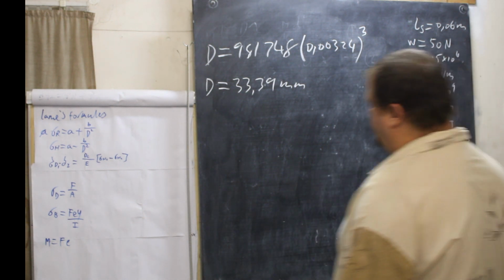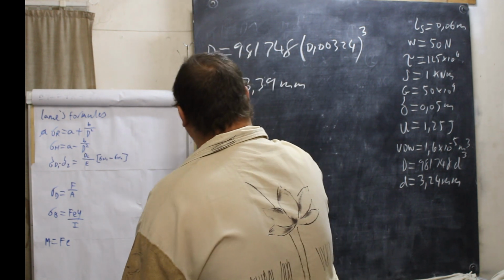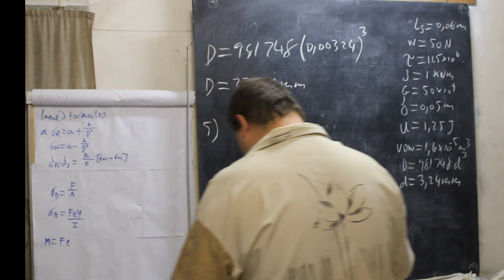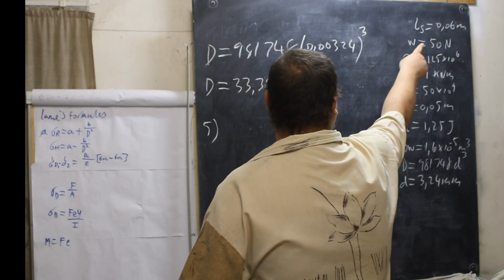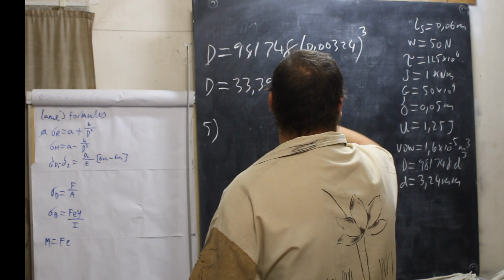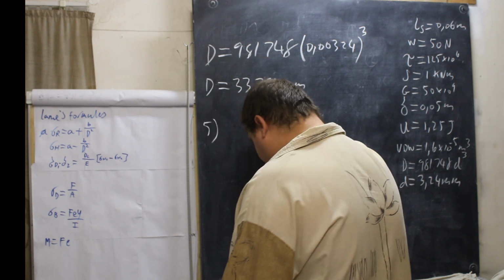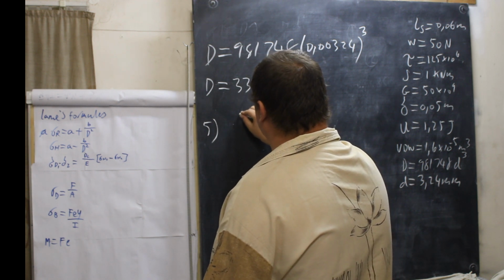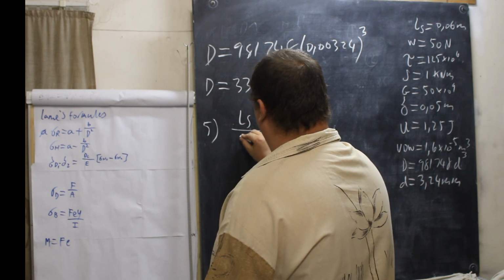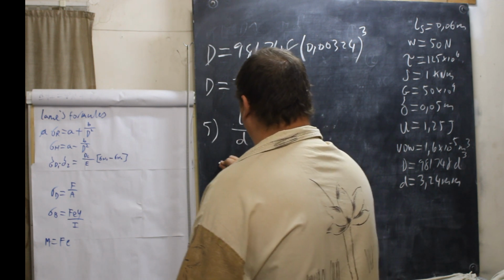And now the next question, question 5, is they just want the number of coils. So we've done that before. So we can take both measurements because they're both in meters or millimeters. We need to take it in millimeters, so it's LS over little d.